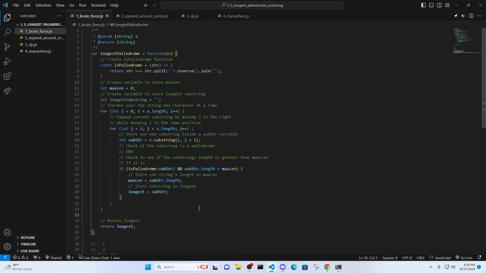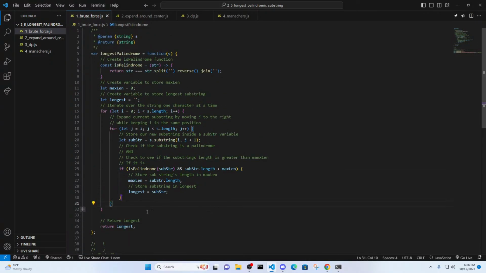And longest substring. There we go. Is substring.length equals maxLength? If it is, then we will store the substring's length inside maxLength. We'll store the substring inside longest, and so that should be good for that solution.